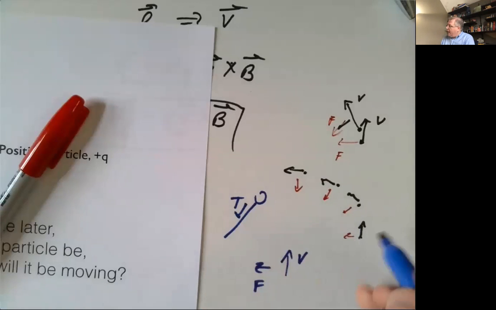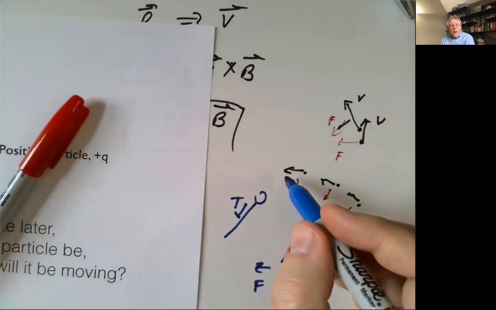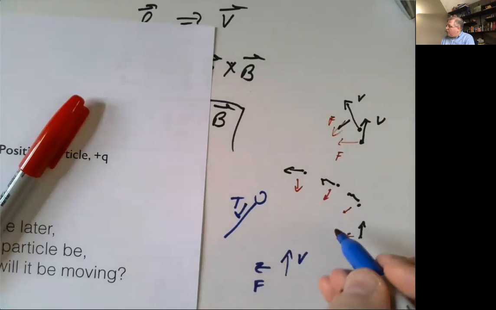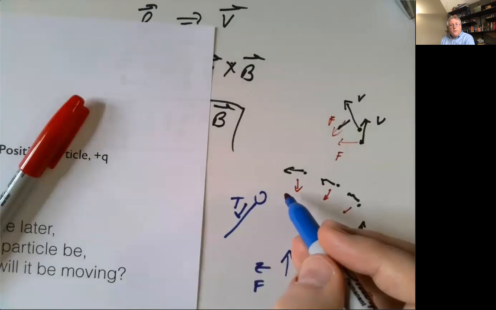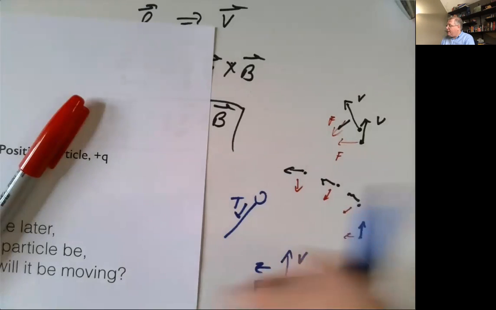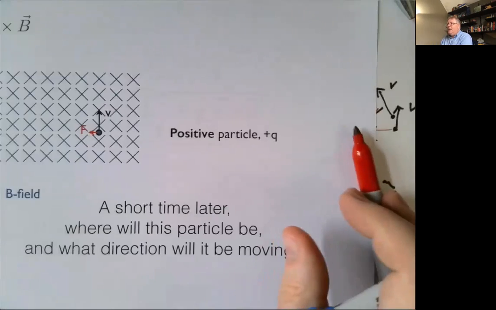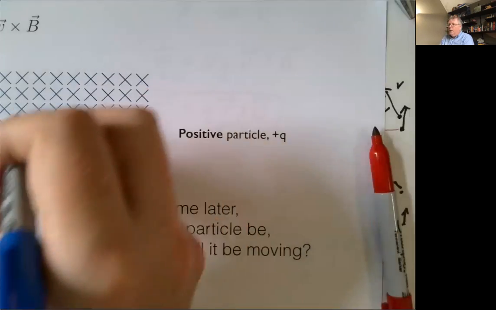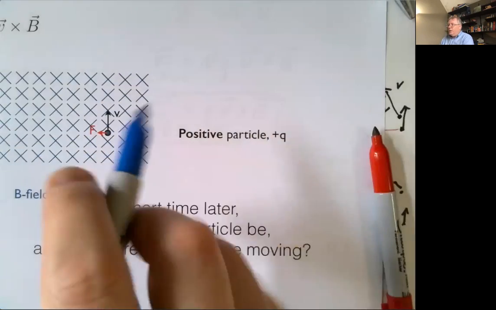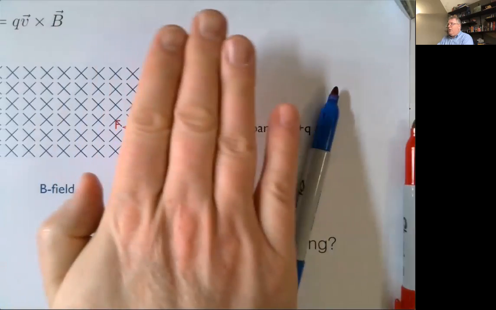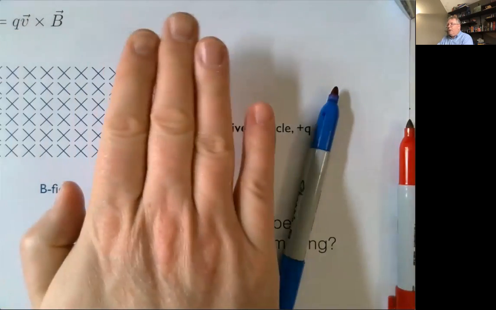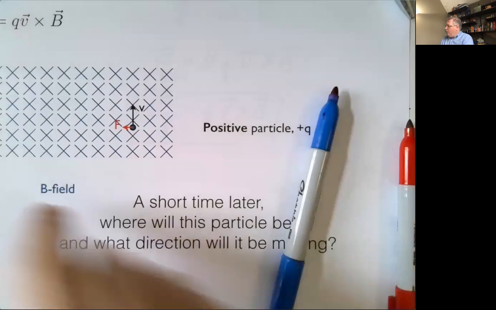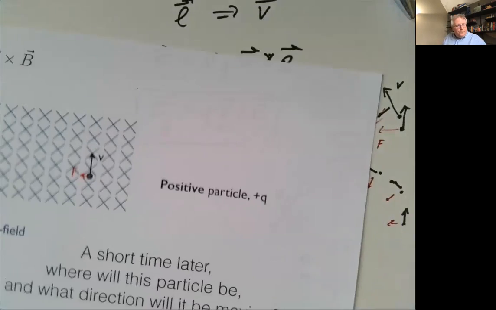Or this is like a planet going around a star, where the force is always towards the center of the circle. So this guy is going to move in a circle like this. The circle is going to be tangential to the magnetic field, and he's going to be moving around like that.